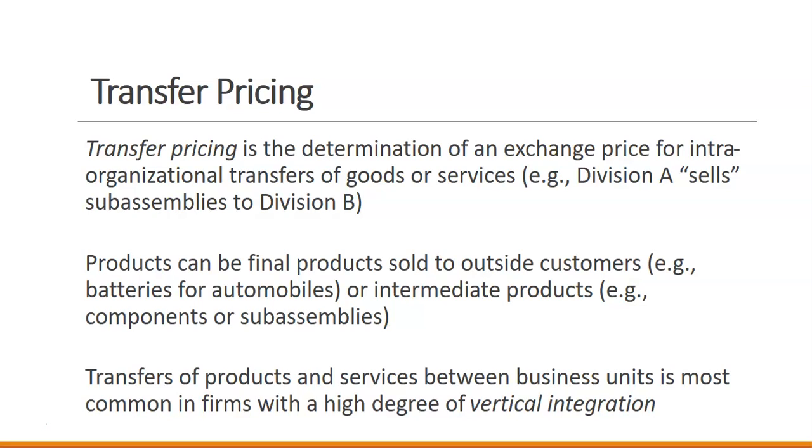Vertical integration is when we buy our suppliers in order to give us easier access to our suppliers. So rather than going to an outside unit to get components of direct materials or raw materials, we do all of this internally.